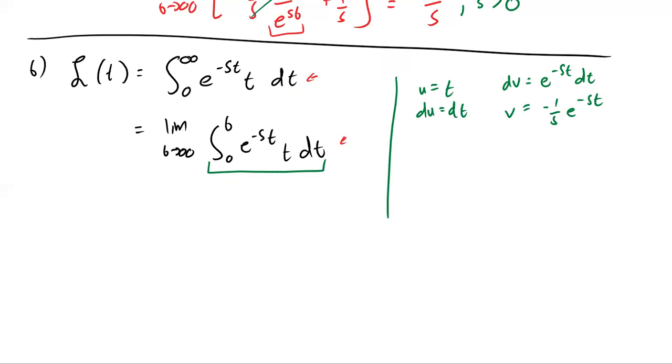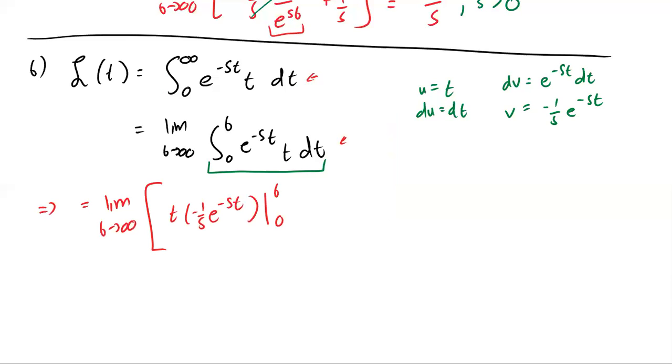So it's the usual integration by parts, which means that this integral becomes the limit as b approaches infinity of uv. So u is t, v is negative 1 over s e to the negative st. So uv, so t times negative 1 over s e to the negative st, evaluated from 0 to b.